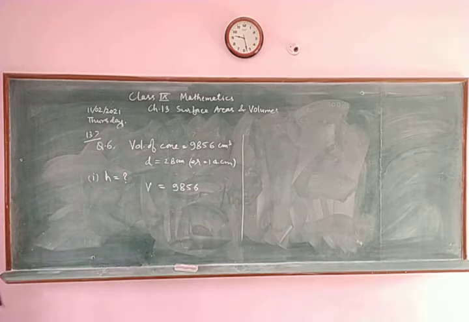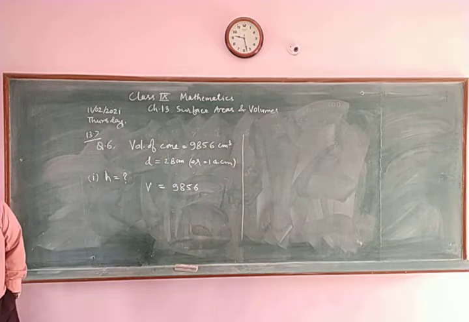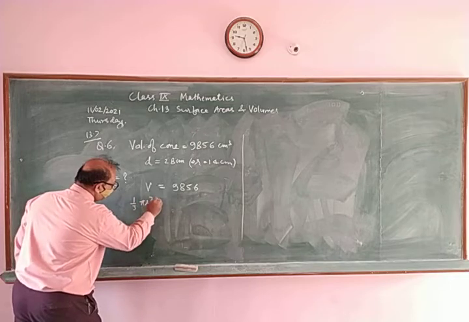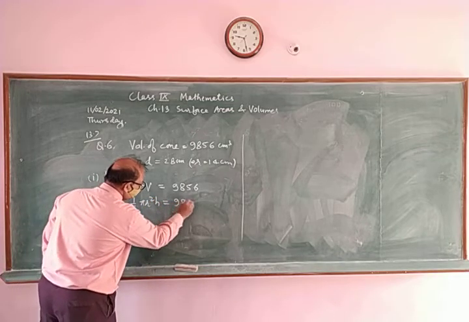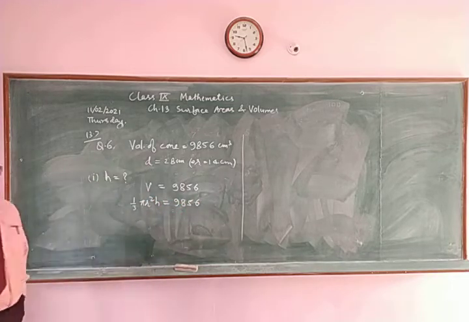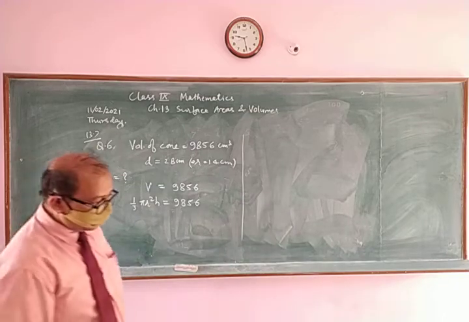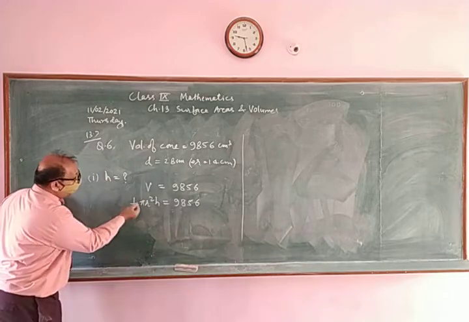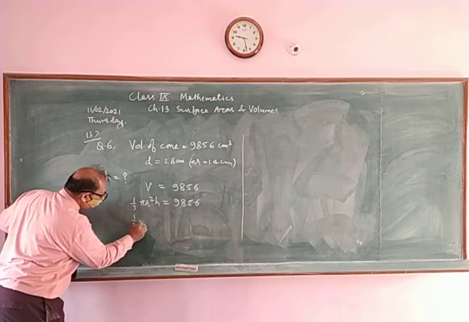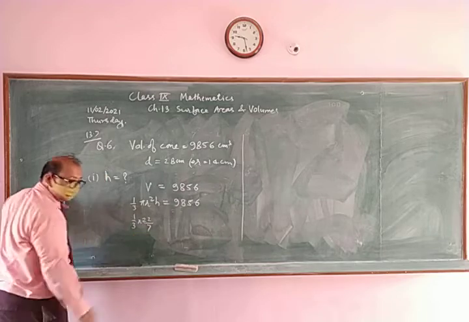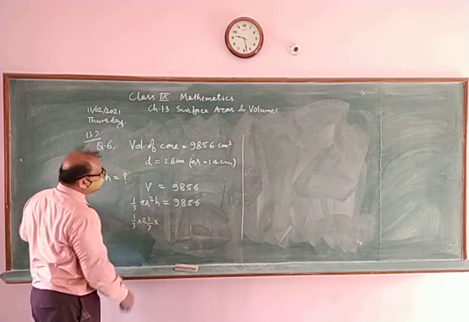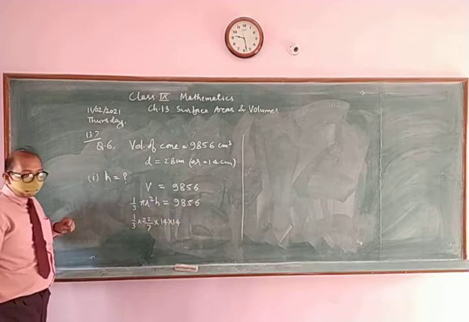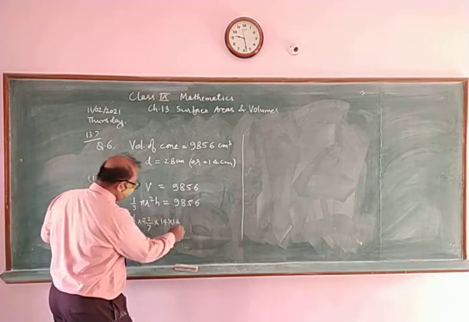What is the formula of volume? 1 by 3 pi r square h. So, put the values. 1 by 3, pi is 22 by 7, r is given 14. 14 square means 14 into 14, and h we will find out.